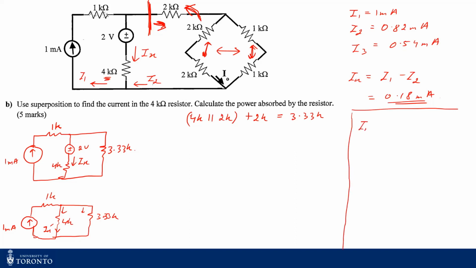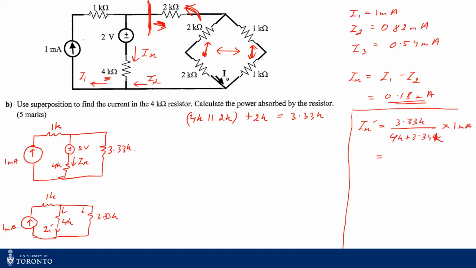So what's my Ix prime? If I apply my current divider, my Ix prime is 3.33 kilo divided by 4k plus 3.33 kilo ohms, times 1 milliamps, right?